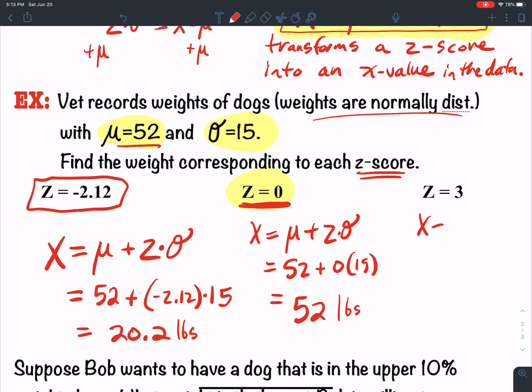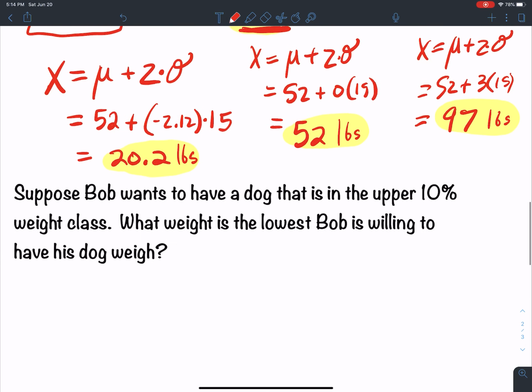And then here, this last one, mu plus z standard deviation. So 52 plus 3 times 15 gets me 97 pounds. So that's a heavy dog. All right. So those are my numbers. Those are the weights. Okay, so that's how we convert a z-score to an x value, using the standard deviation and the mean.